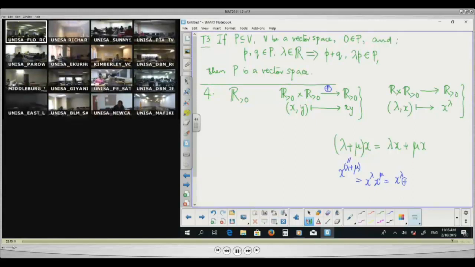Mu times x. I did one, so you see. Okay? So this is then actually this thing. Okay? So this is a beautiful example. So it is actually the laws of indices which is telling you about this distributive laws. Okay? So this is where I stop.